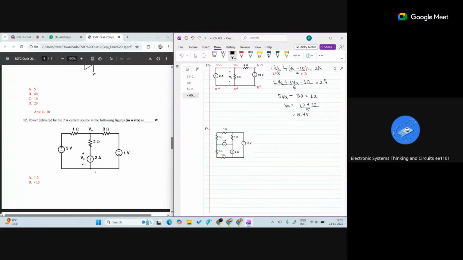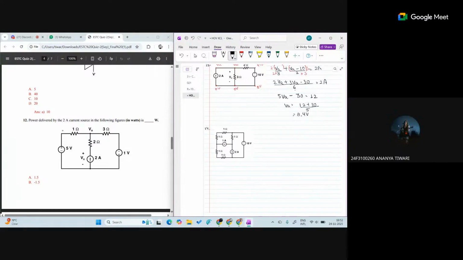You can just assume it as an open circuit here, at the 1 ohm, but if you open it, the voltage across this wire doesn't come out to be 0 volt, right? It can be some voltage. Are you getting me, Ananya? Yes, sir. So the voltage across this battery can be 5 volt, but there is no current across the 1 ohm because at VA also you have 5 volt of potential.